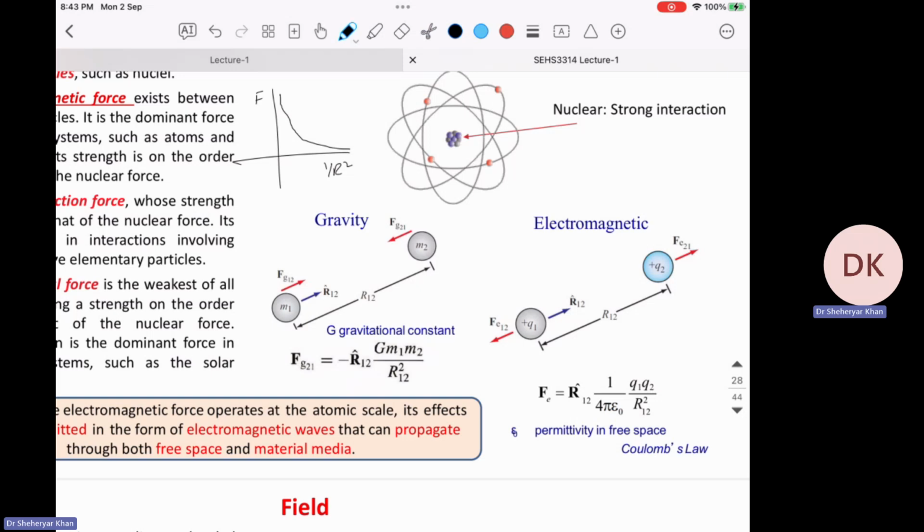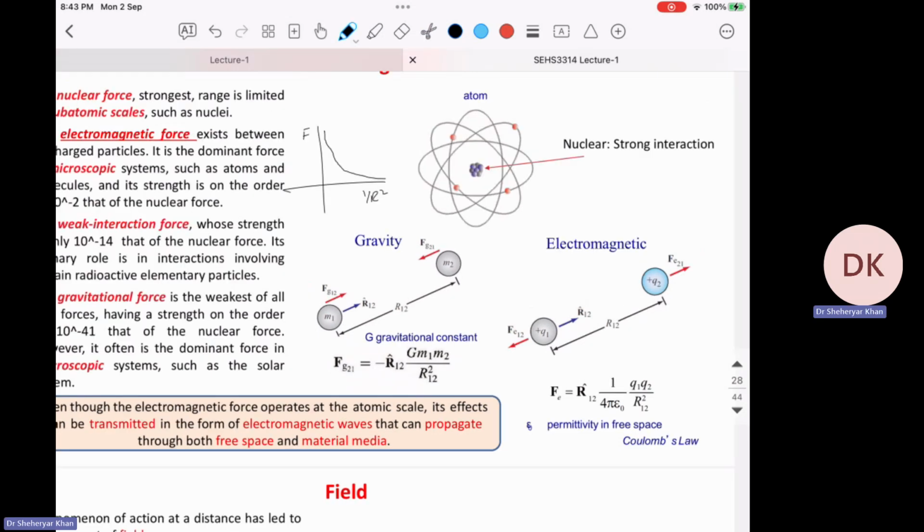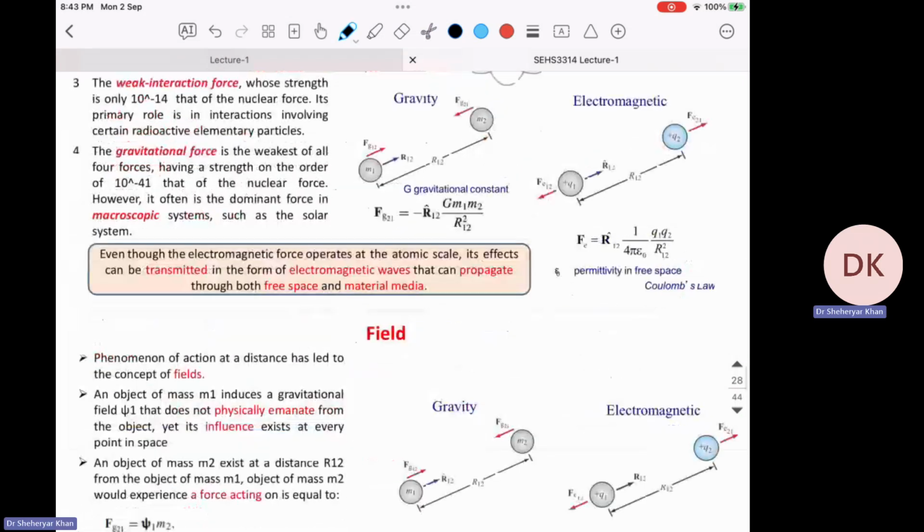We use ceramic insulators, right? So we have a low permittivity. So that's the formula for the electromagnetic force. We call it the Coulomb force. Okay. We will also study it later.